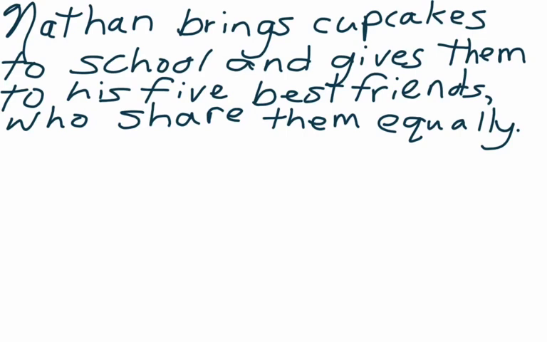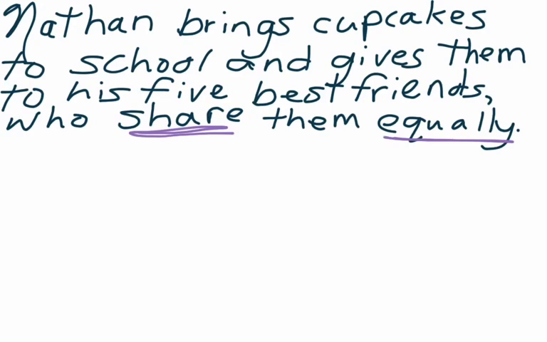Nathan brings cupcakes to school and gives them to his 5 best friends who share them equally. Okay, so now we're going to underline the key words, okay? So looking at the problem, Nathan brings cupcakes to school and gives them to his 5 best friends who share them equally. Share and equally, okay?